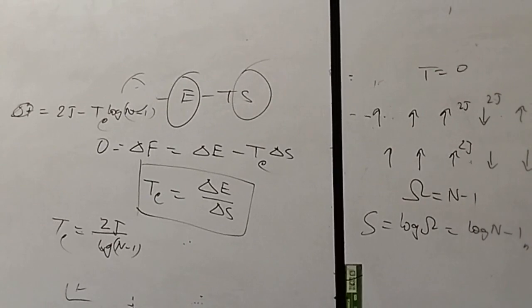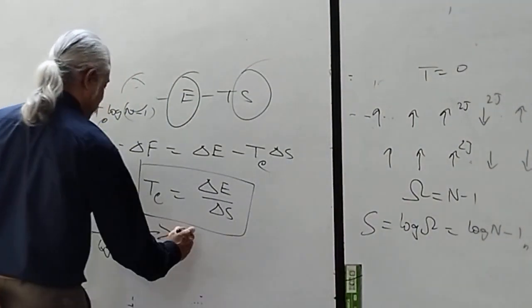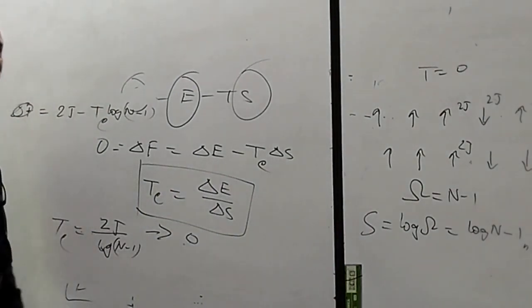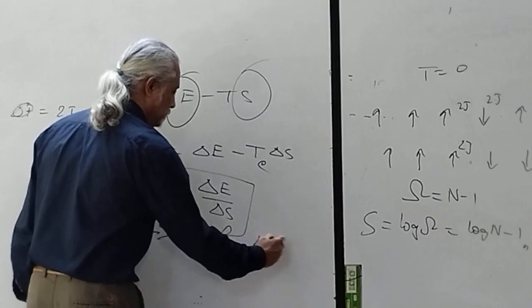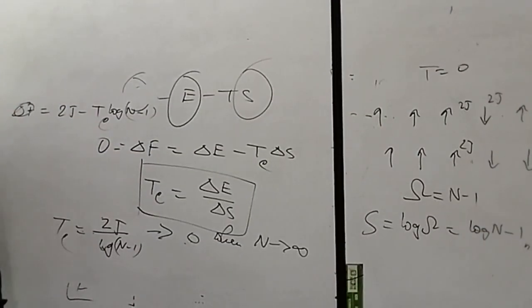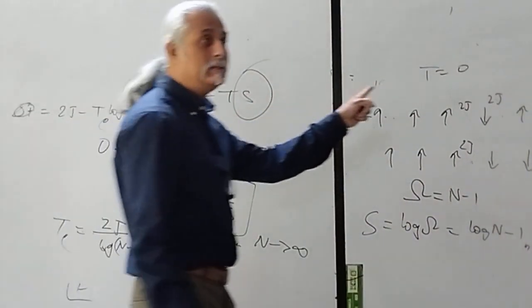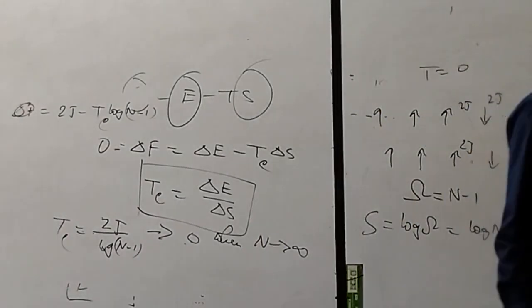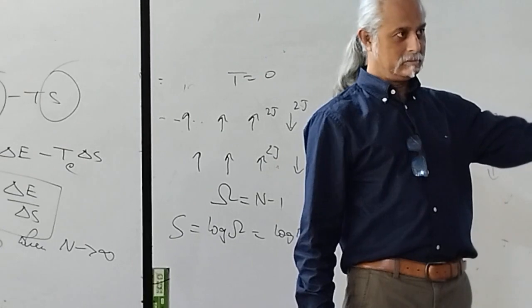In the limit n tends to infinity, this Tc equal to 0. And that's why this is the reason why in one dimension no finite temperature you find where the system undergoes a phase transition.